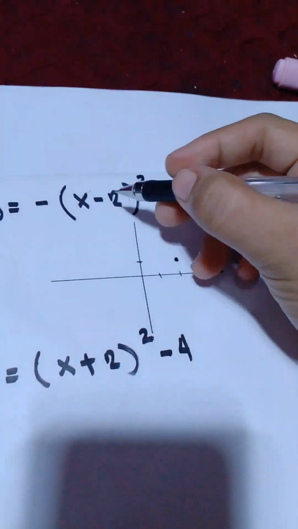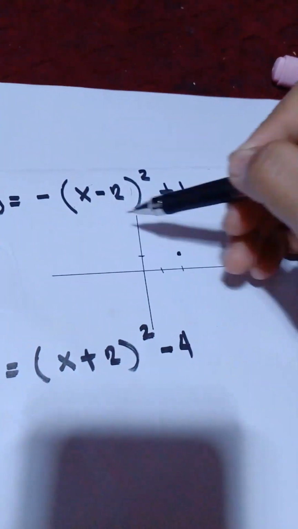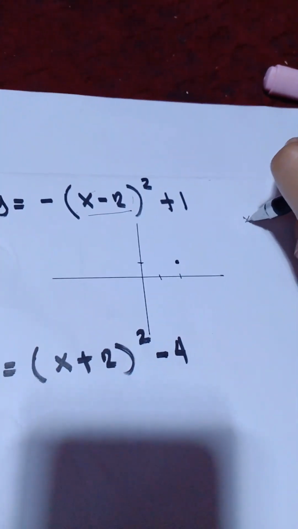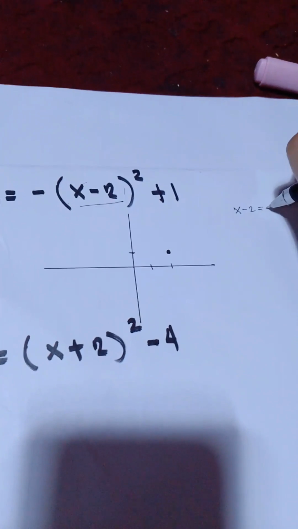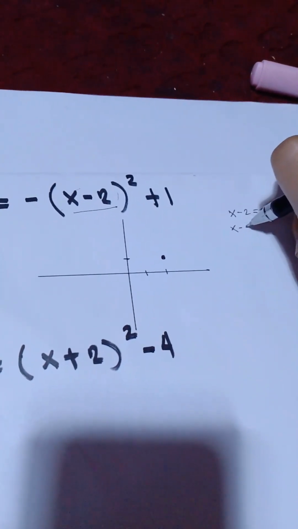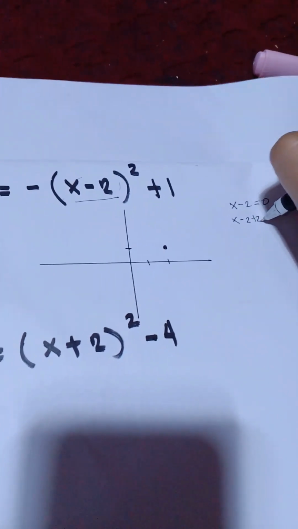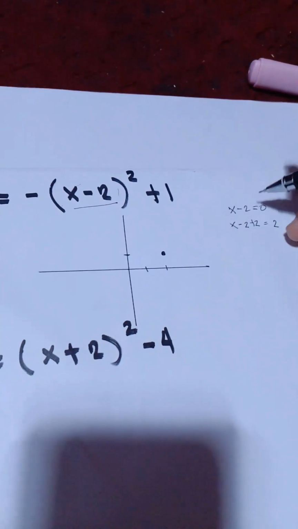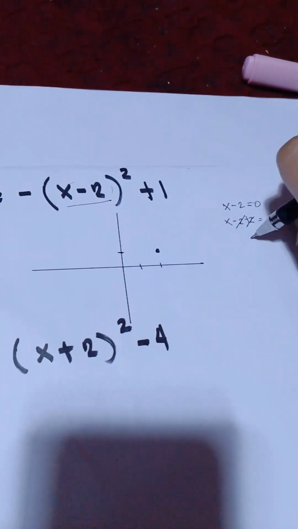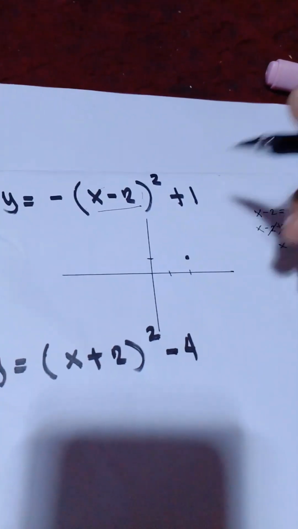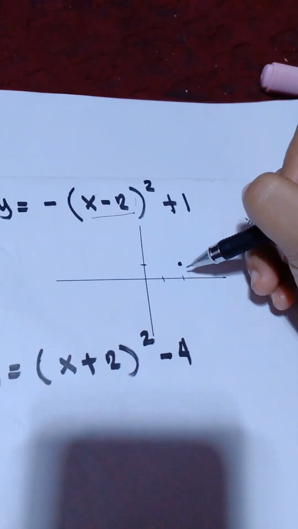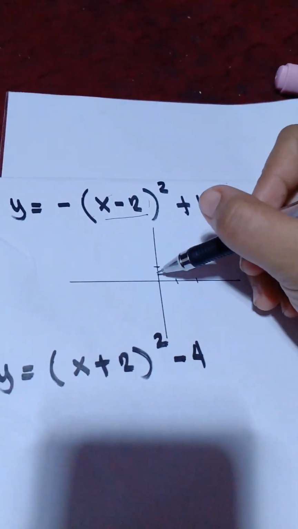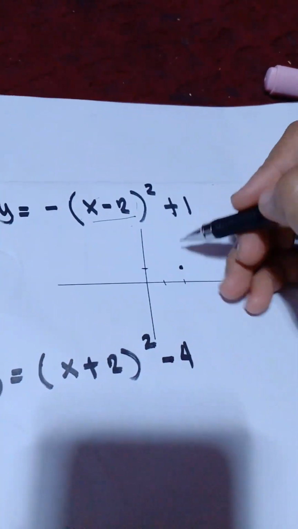Again, where do we get the 2? x minus 2 equals 0, so we add 2 to both sides, cancel that 2, and x equals 2. So we're going to move to the right 2, then upward by 1.